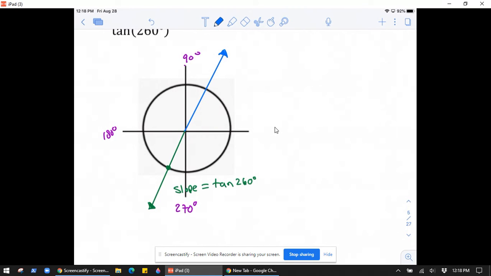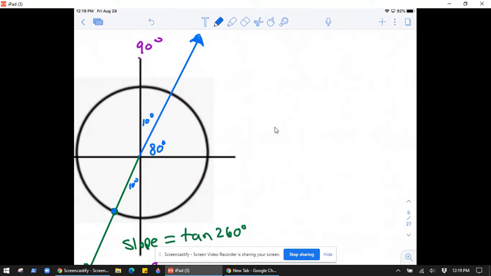Well, like I said, if this angle that lands you here is 260, that means this is 10 degrees, right? Which means that that's 10 degrees, right? Because they're vertical angles, which means this is 80 degrees. So if we think of this angle here, the slope of this line, the blue one, which happens to be the same as the green, is equal to the tangent of that angle in standard position, which is 80 degrees.